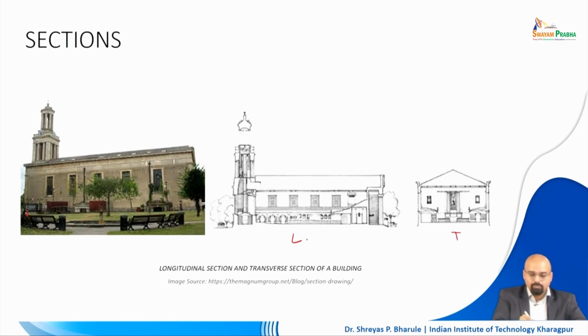When you go all along this building, this is your longitudinal section where you are splitting the building in the longer length, and this is your transverse section, right. So, you are splitting the building in the shorter length. So, in the transverse section you see the smaller part of the building, or the width of the building, much more, and you see the length of the building in the longitudinal section, right.